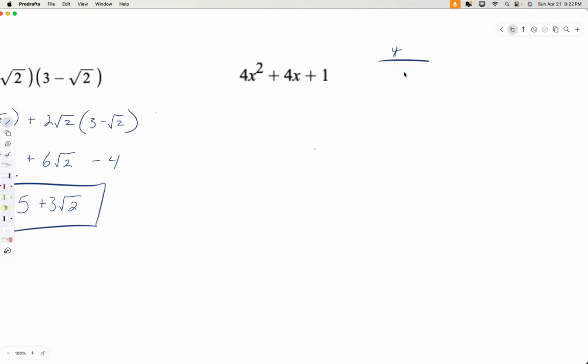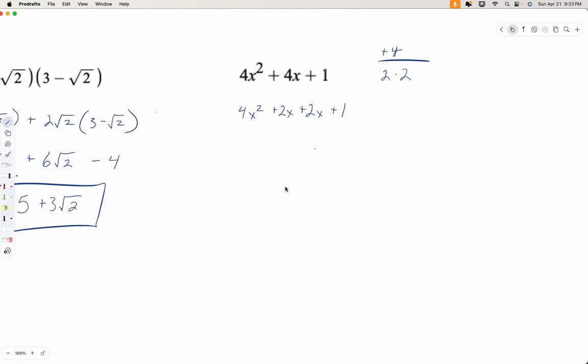So now we have to think about what factors of 4 we can add together, and this is positive 4, to get 4. Well, I can right off the top of my head, positive 2 times positive 2. If we add these two together, it gives us positive 4. So I can split this up and say 4x squared plus 2x plus 2x plus 1.